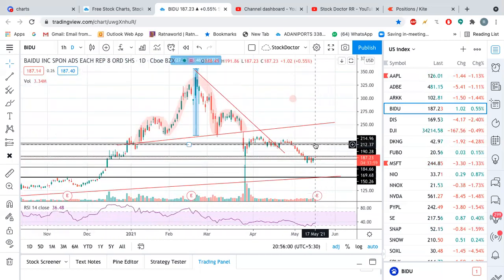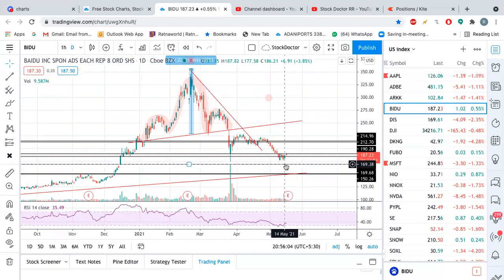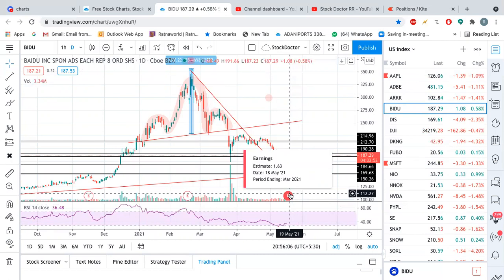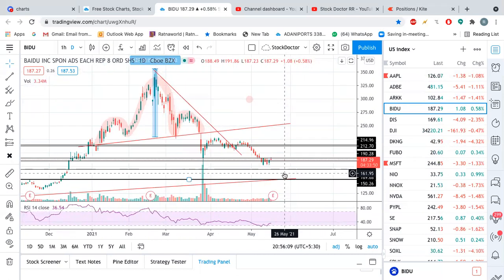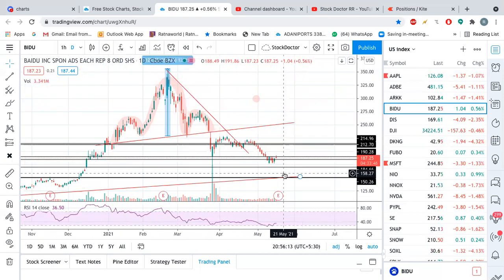You can see it has a good support at 170, and it has earnings on 18th May. So it's a kind of earnings play.